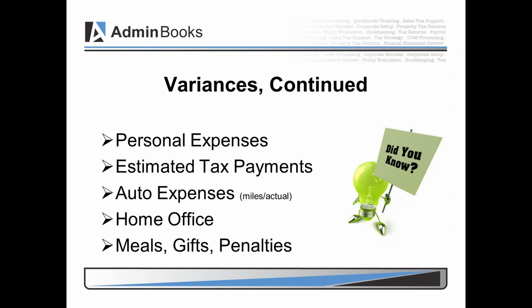You might be putting down 100% of the actual costs, but I will tell you, it is a rarity to have an auto be 100% business use unless you have a van and you're a carpet installer and you're only using that van from your storefront to a client's residence and back and forth.